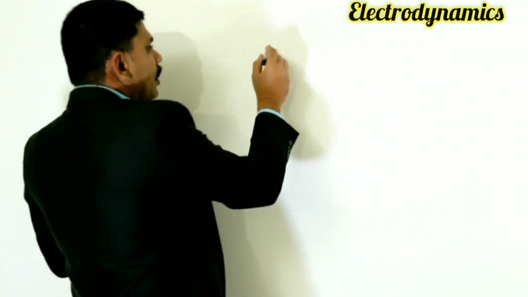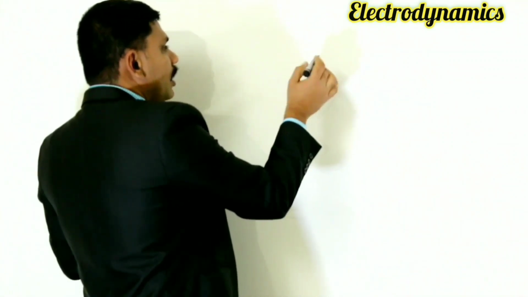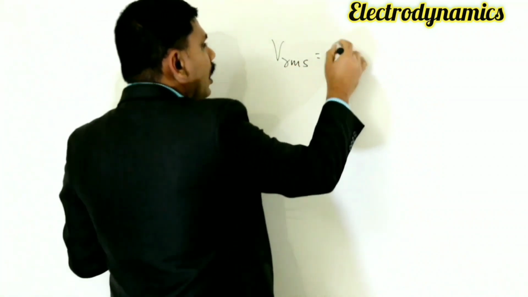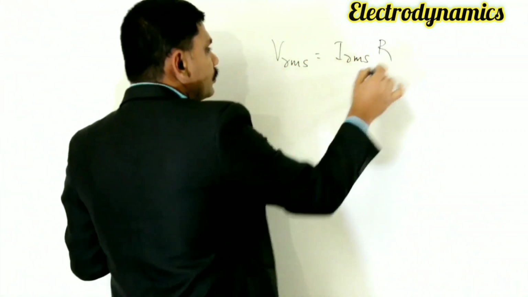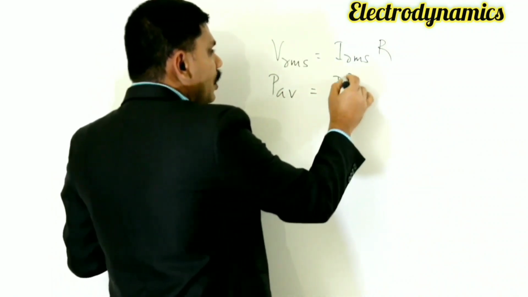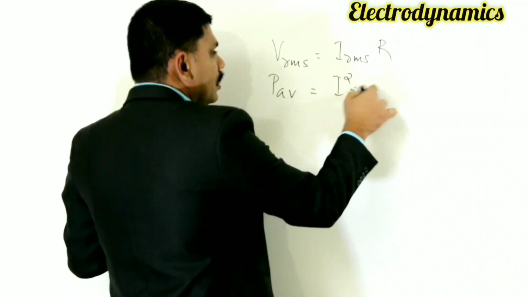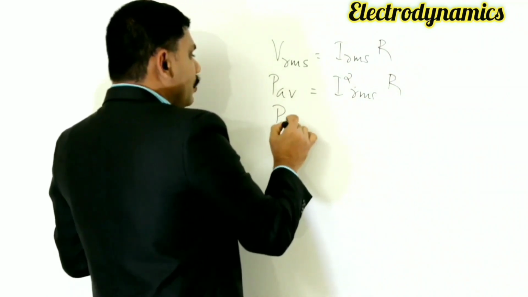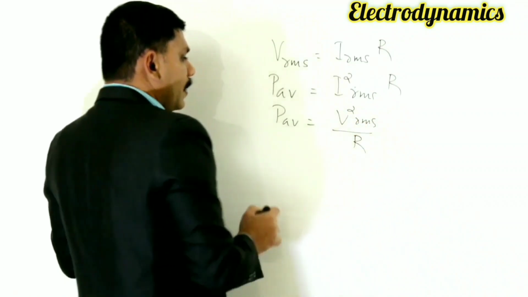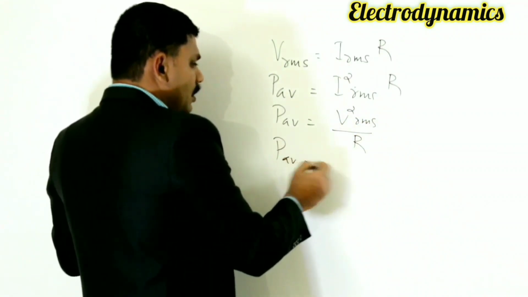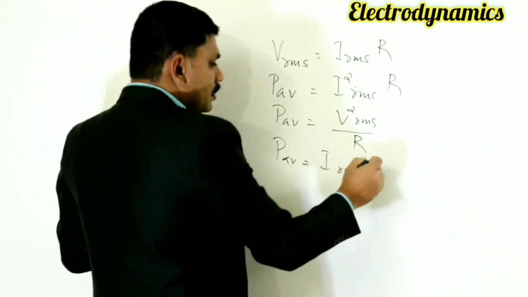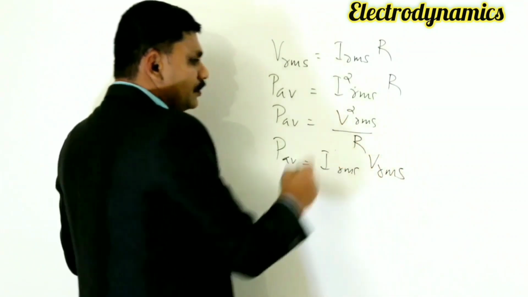So the main equations in an AC waveform are: Vrms equal to Irms into R. P average equal to Irms square R, or P average equal to Vrms square divided by R, or P average equal to Irms into Vrms.